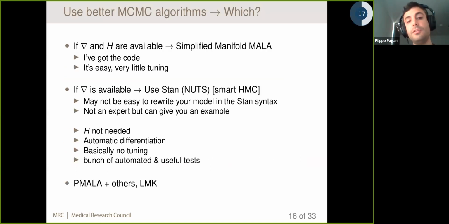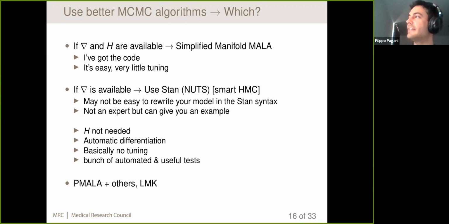So if you do have both the gradient of your target and the Hessian, you could run a simplified manifold MALA, for example, which is a fairly simple algorithm that is quite good at dealing with curved distributions. It's not super simple, but if you're coding in R, I've coded this up already and it's online, so you can just take my code and that's going to make it quite easy.